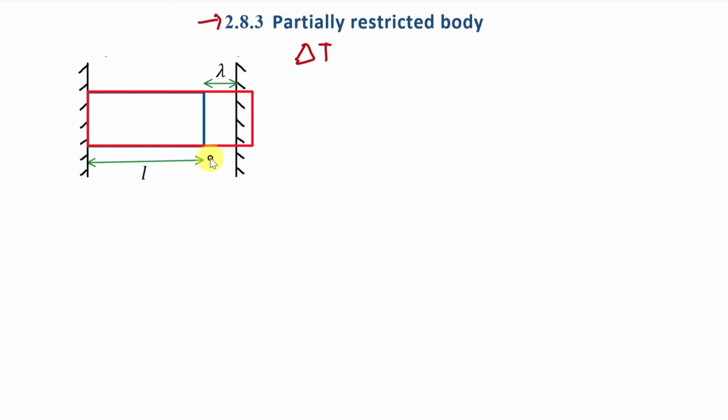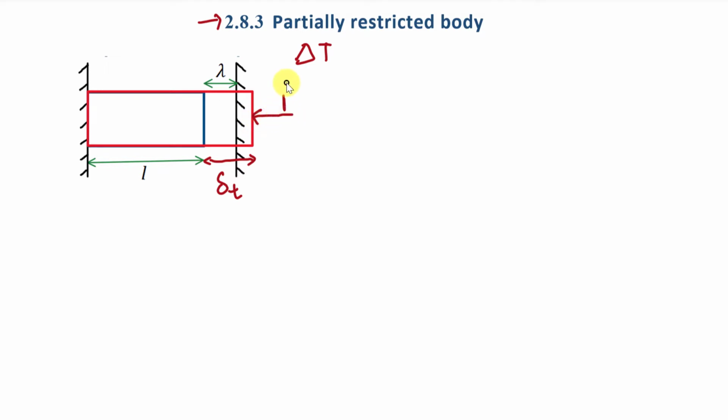So here this change in length will be delta T, because it is the change in length due to the change in temperature delta T. Here the other dimensions of this body are also going to increase, but we are only going to focus on length. Now we know that there is a restriction on this body. So what we will do is apply a compressive load in this direction at this surface.